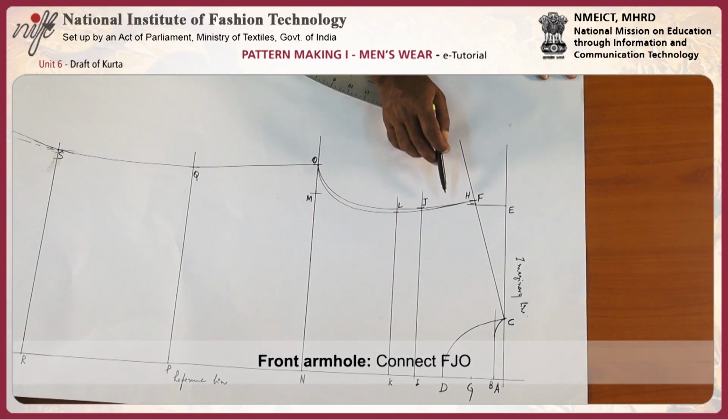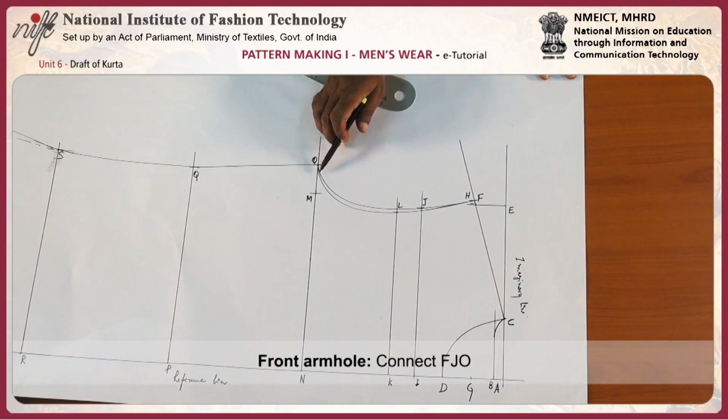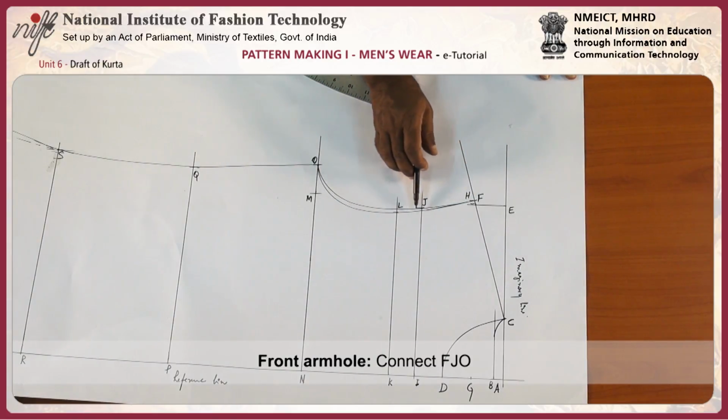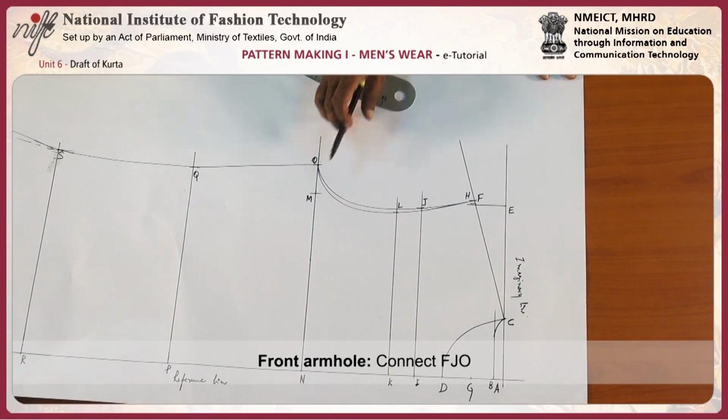You can easily make out the deeper armhole is a front armhole, the narrower armhole is a back armhole.